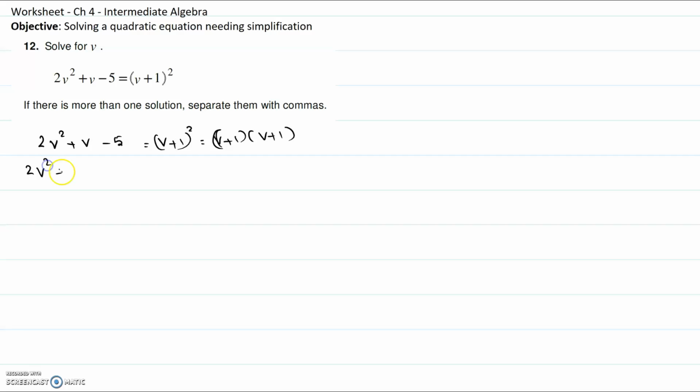You can either FOIL or use the formula for (a plus b) squared, which is a squared plus 2ab plus b squared. It's known as the square of the binomial formula. So it is v squared plus 2 times v times 1 plus 1 squared.